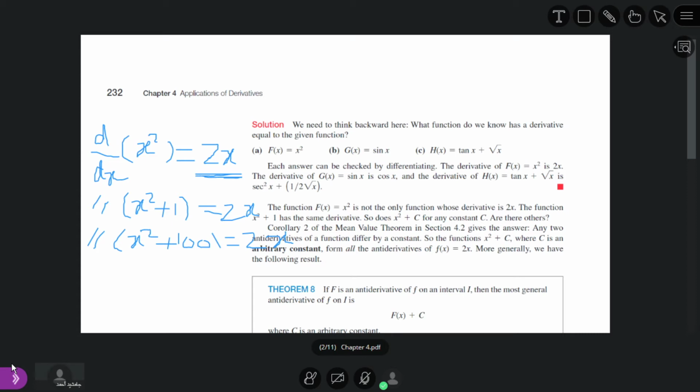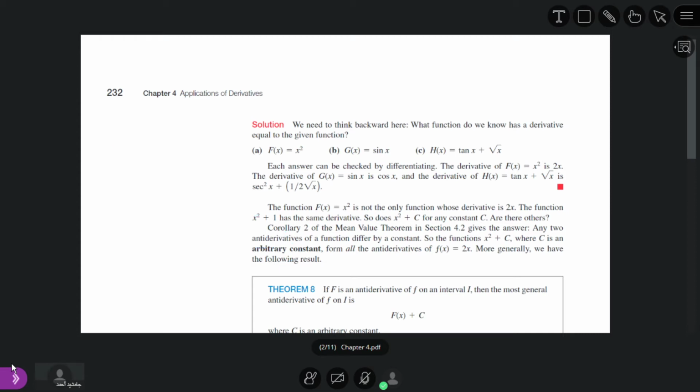For the second case, you can say x square plus c, where c is equal to 1. And for the last case, the antiderivative of 2x is x square plus c, and c is 100 for the third case. So whenever we take antiderivatives, we must add some constant. Okay? So here I gave you the following theorem. This is a definition like this.